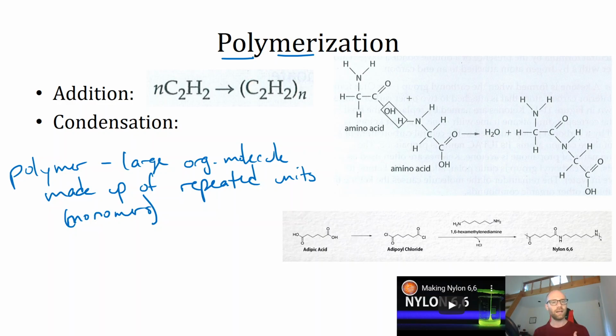But there are two types, and the nylon is definitely the second type, the condensation, but I just wanted to show both reactions. So what we have here is many ethene molecules that can react to make one long chain of repeating units over and over and over again.